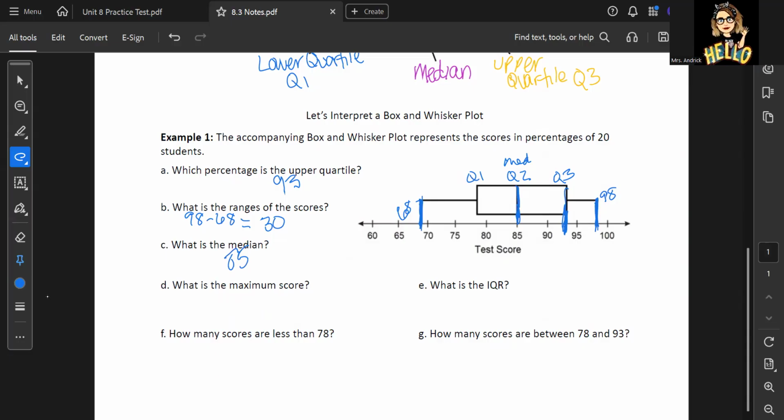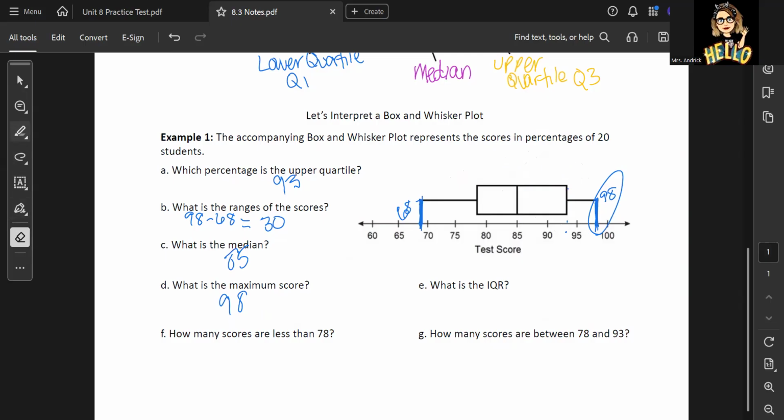What's the maximum score? That's the biggest number. This is the maximum, so that's 98. Next is what's the IQR? Remember, IQR is Q3 minus Q1.